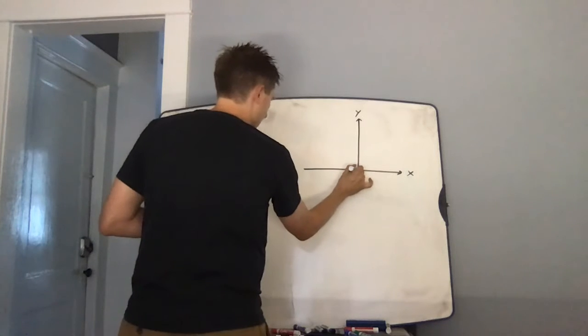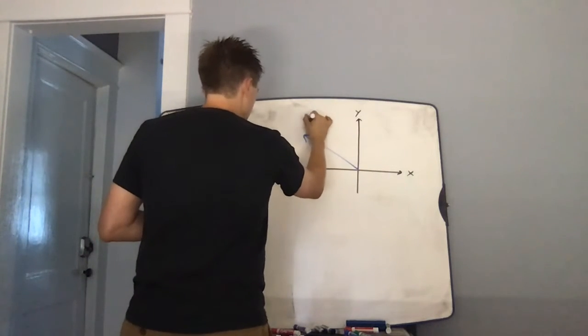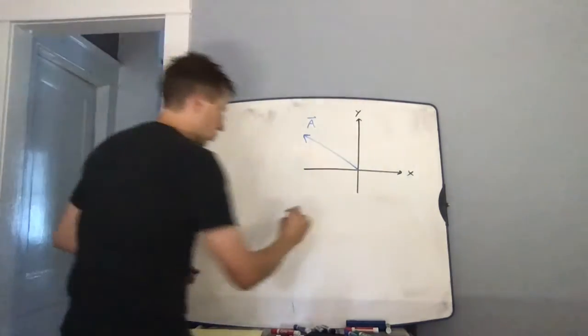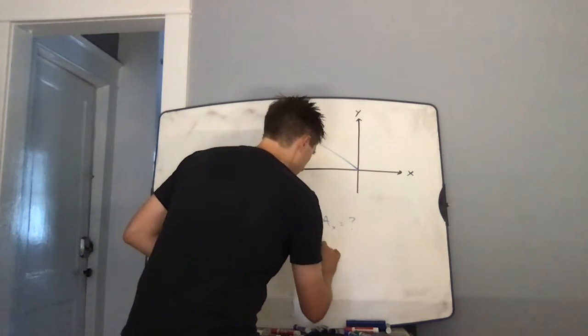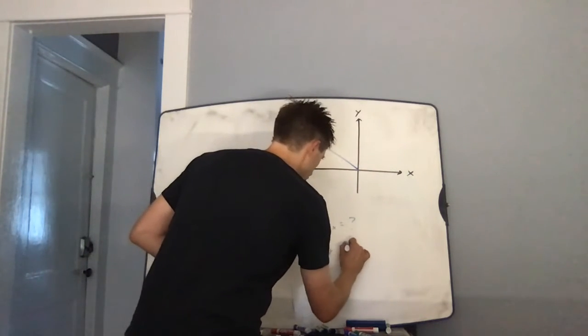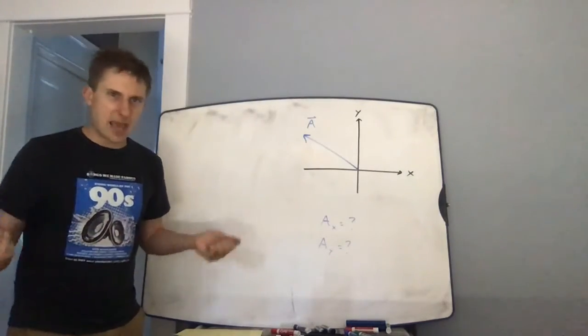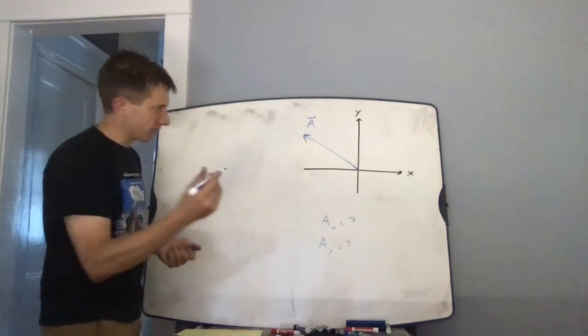I'm going to call this vector A. So here is vector A, and we are asking what are the components of vector A? In other words, what is A x equal to? What is A y equal to? Let's suppose this vector has a total magnitude just A. A I will write without the arrow.